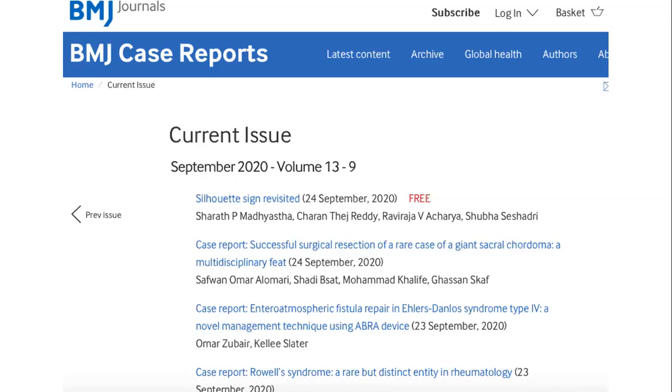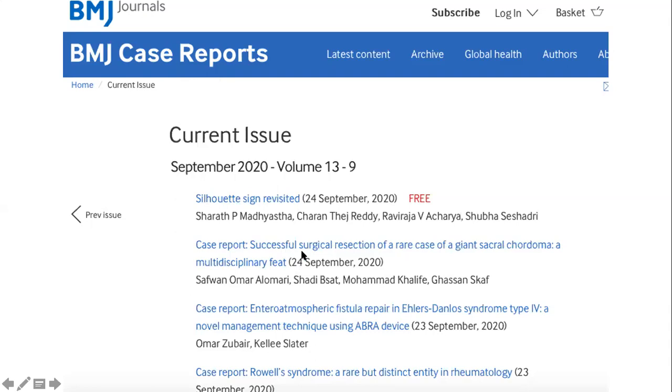I learned some information from that, and I applied it on my patient. There is a devoted journal called BMJ Case Reports, devoted to publishing descriptions of rare cases.